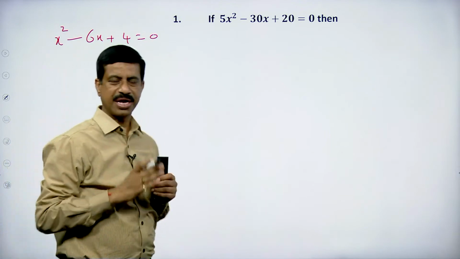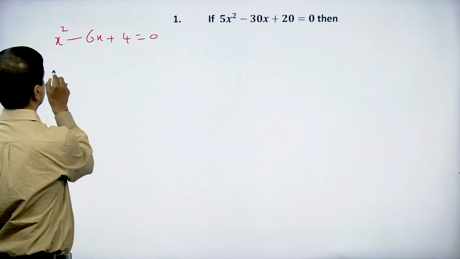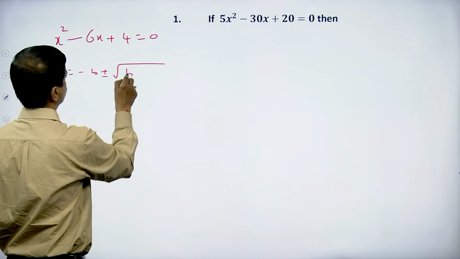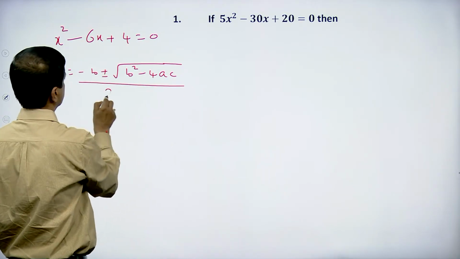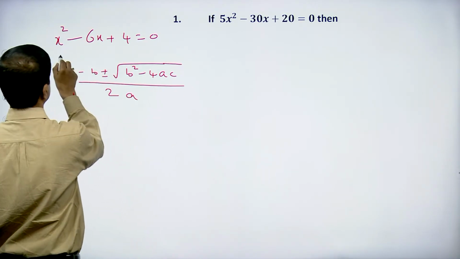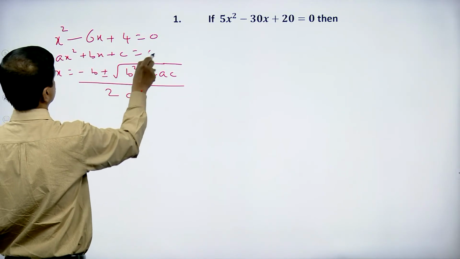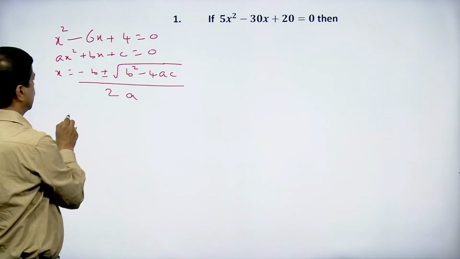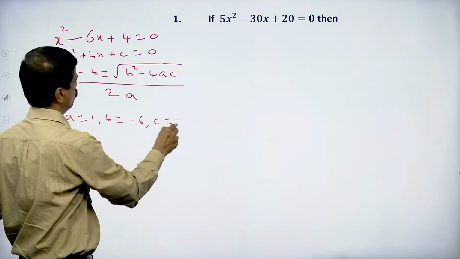Now you can break this into factors or directly use the formula x equal to minus b plus or minus root of b square minus 4ac by 2a. So this we are comparing with ax square plus bx plus c equal to 0. If you compare these two, a is 1, b is minus 6, c is 4.